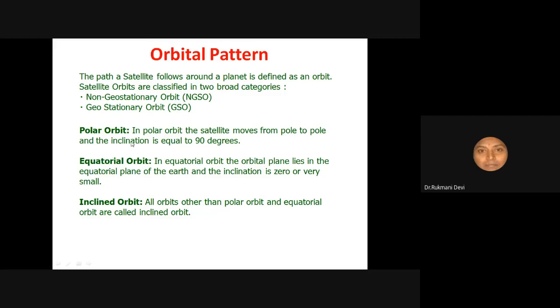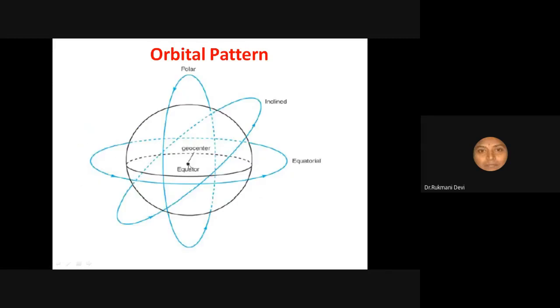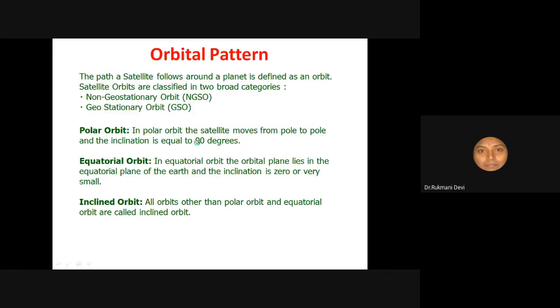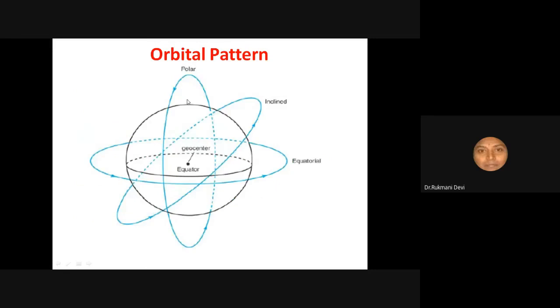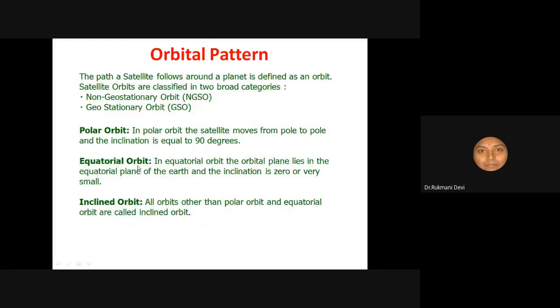In polar orbit, the satellite moves from pole to pole and the inclination is equal to 90 degrees. You look at this, this is the equator, so it is at 90 degrees. That is called the polar orbit.